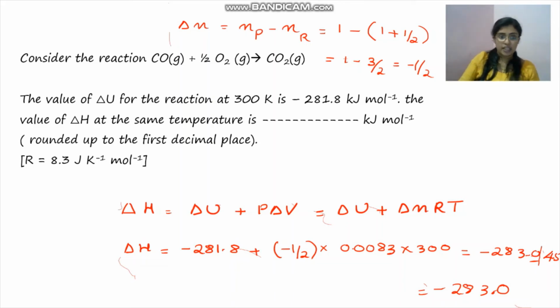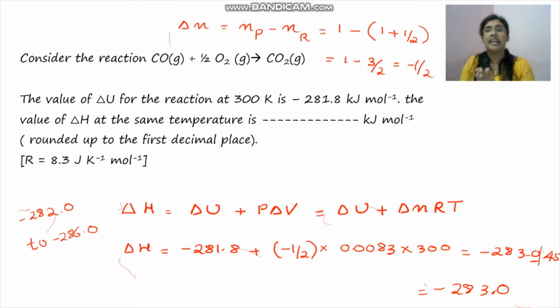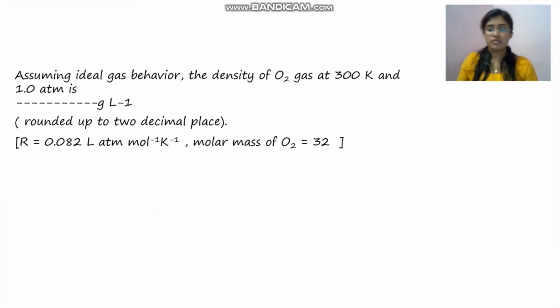And in the answer key for this question, they had given the range as minus 282.0 to minus 286.0, and we got an answer in between that, which is minus 283.0. Clear?